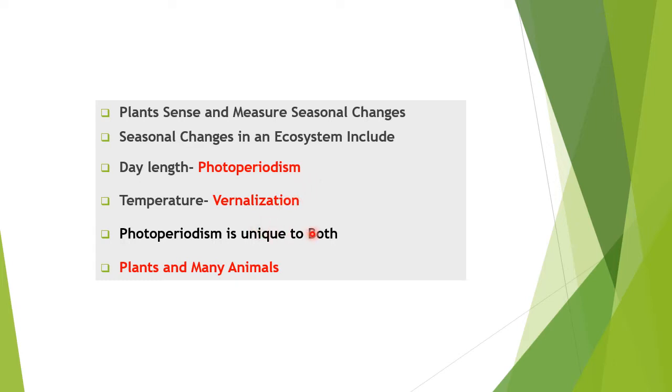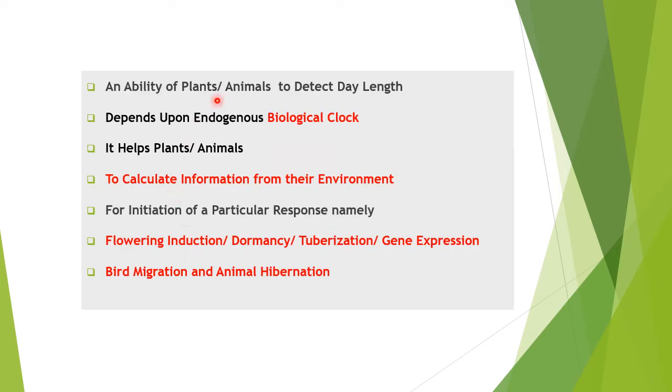Photoperiodism is found in both plants and animals, and is the ability to detect day length. It depends upon an endogenous biological clock.